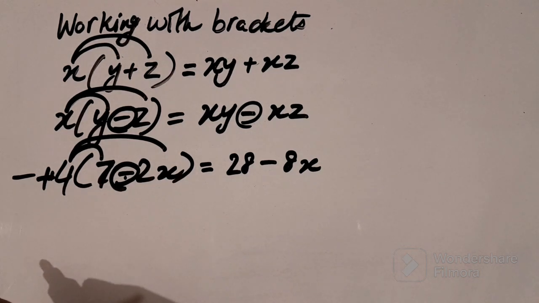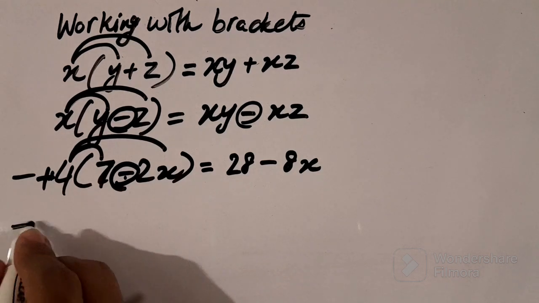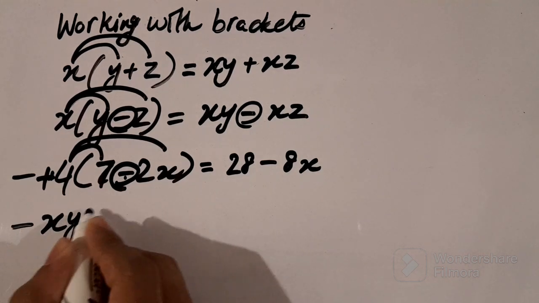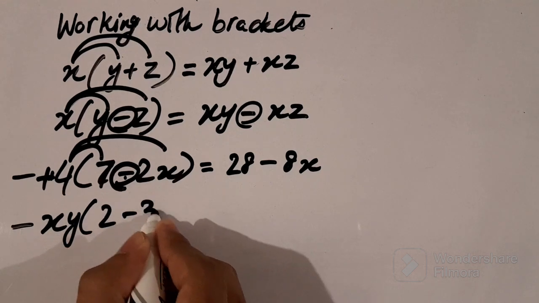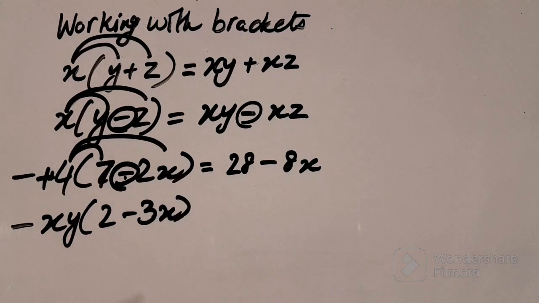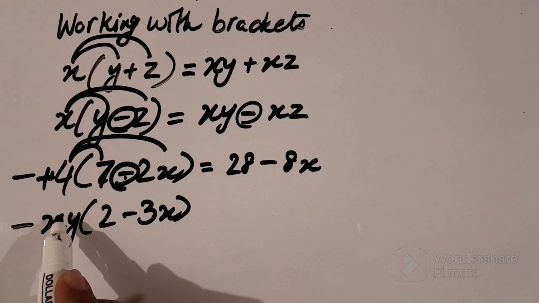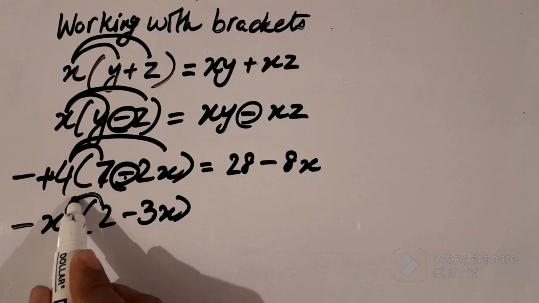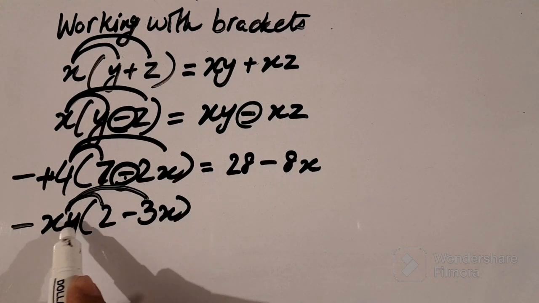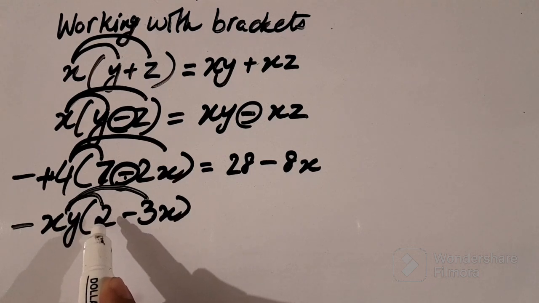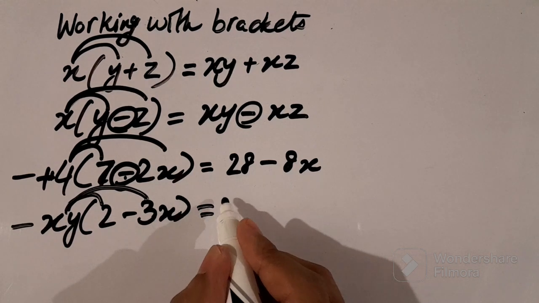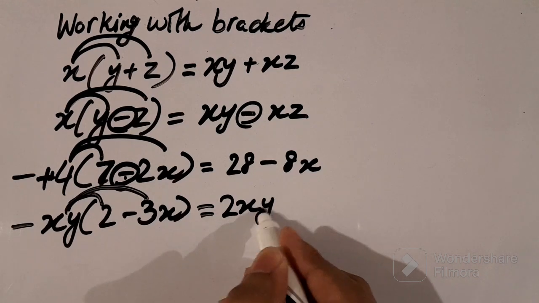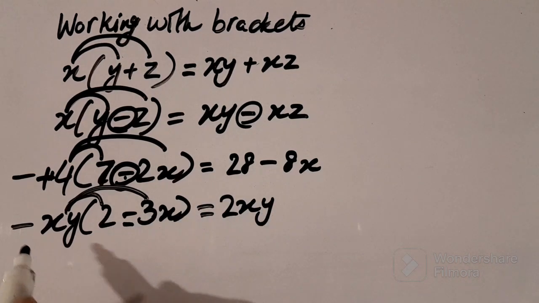Another example will be xy multiplied by brackets, inside brackets we'll write 2 minus 3x. So first xy multiplied by 2, then xy multiplied by 3x. So when we multiply xy by 2, this will be 2xy. Now over here we have minus, over here we have plus.